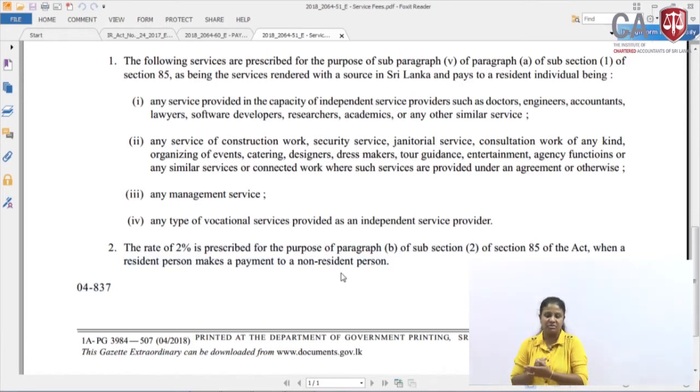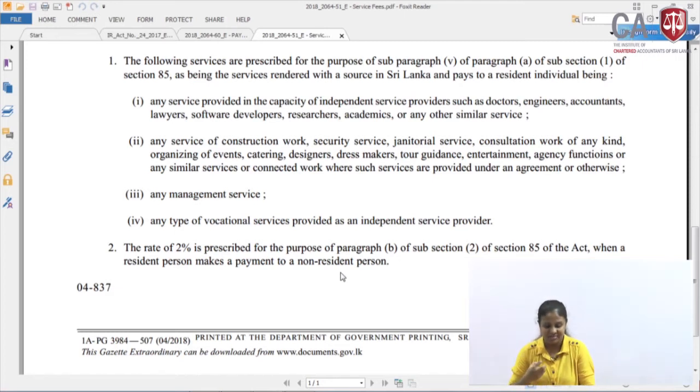Now, why have I taken all these things? The students need to link this provision. That's why I have highlighted it in the act and referred it to the gazette notification. I know this is a little bit cumbersome because everything is not in one place. That's why I am showing that particular provision and the gazette notification and how the tax rate has come in, and I have even given a summary.